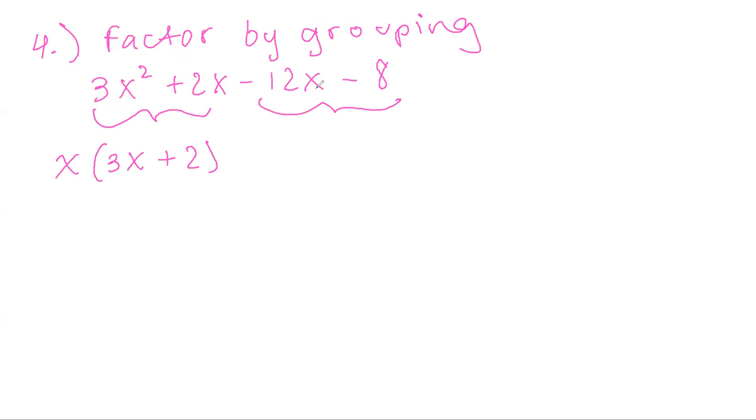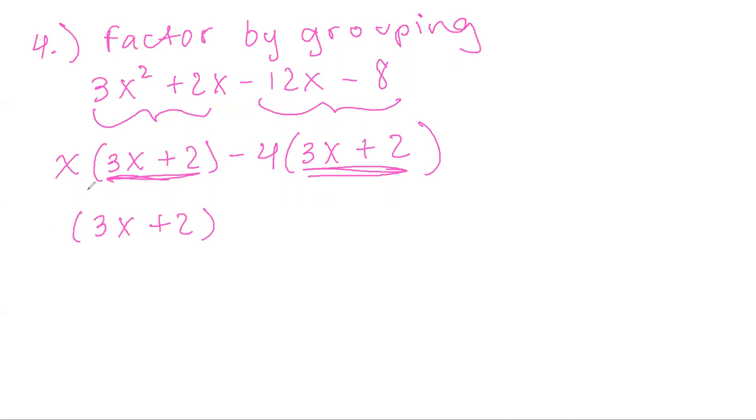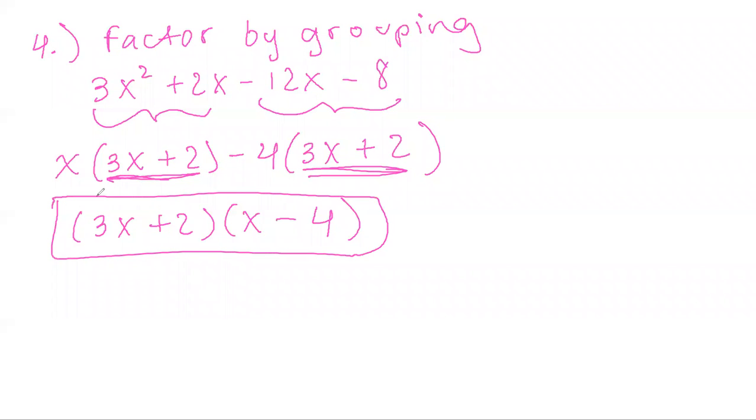And then for these last two terms, I can take out a -4. And I have 3x plus 2 here. And again, I'll write the part that they have in common, which is the 3x plus 2, and then write my outside pieces. So kind of a nice throwback to the earlier video when I talked about factor by grouping. And so this is how I factor that type of trinomial.